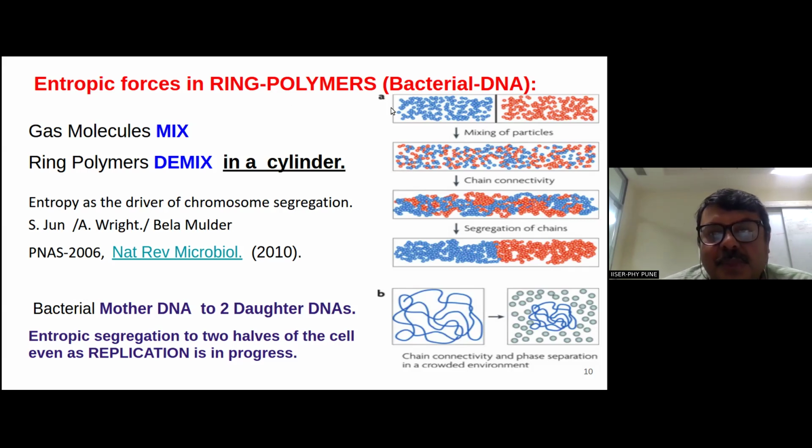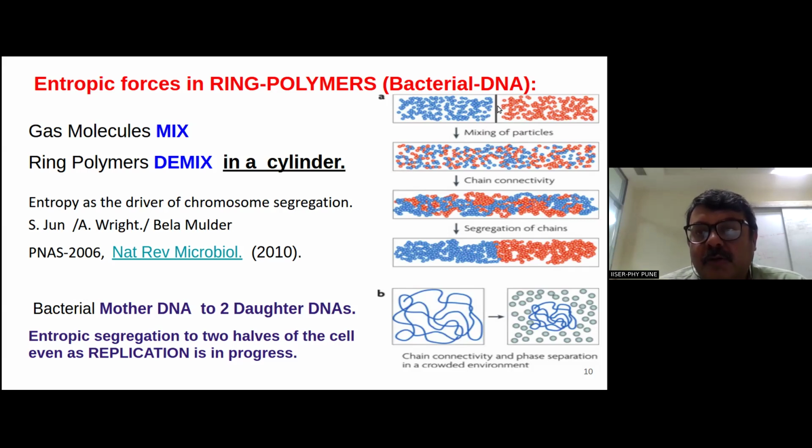Now, what you know is if you have a box with two kinds of particles, or even two identical particles, separated by a wall. This has some blue particles, and this has some red particles. They might even be oxygen molecules; they're just marked differently so that they are distinguishable to the eye.